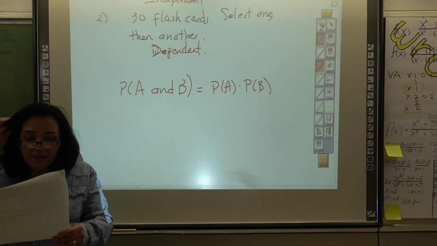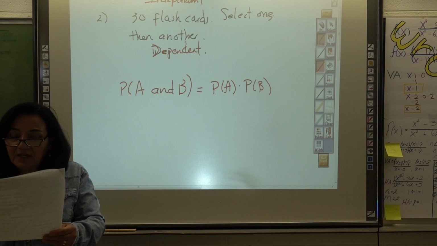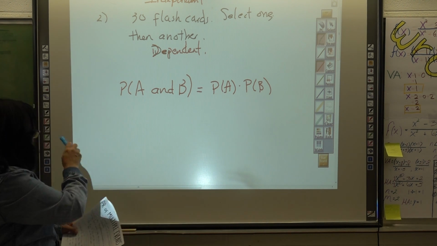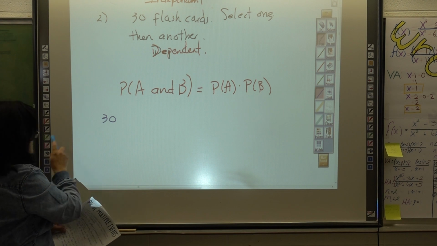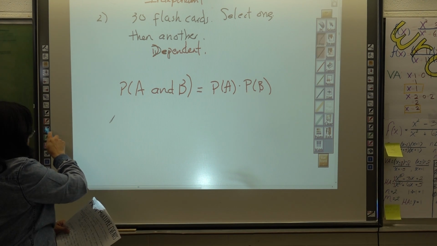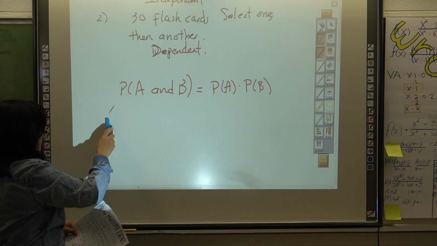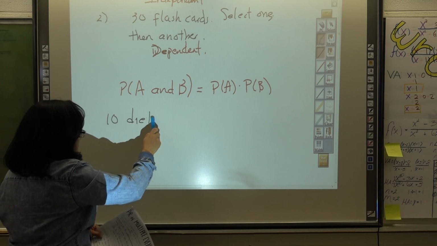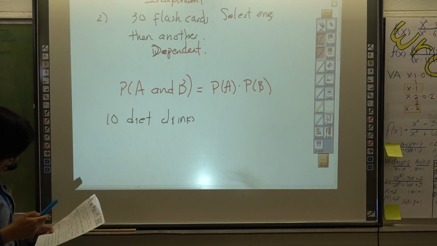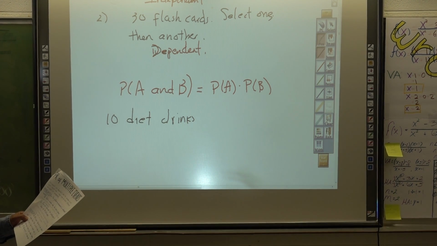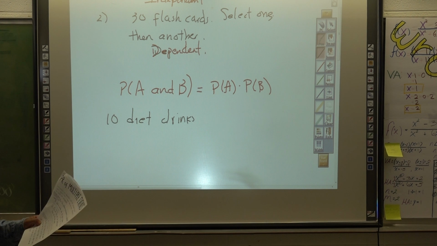At a picnic, there are 10 diet drinks, and then there are also 5 regular drinks.